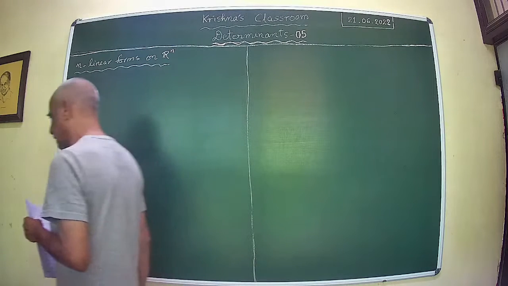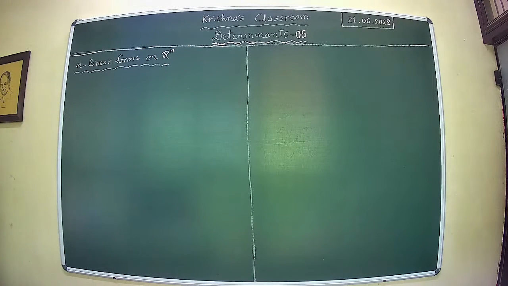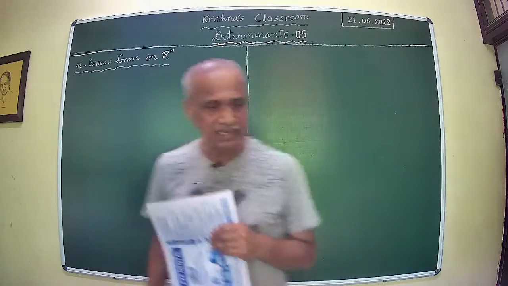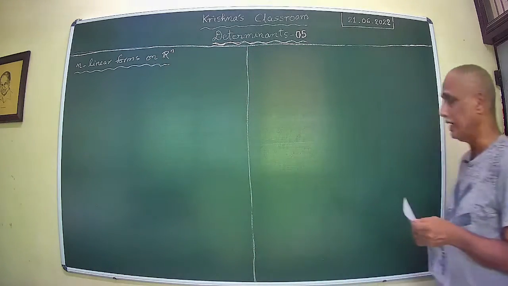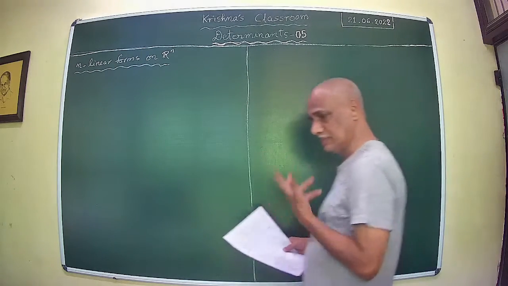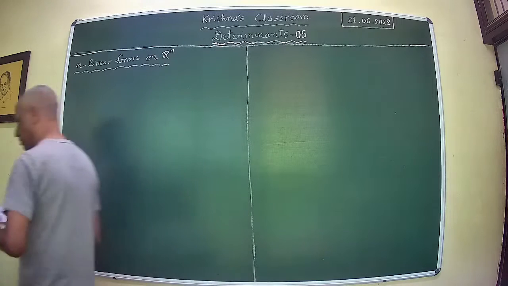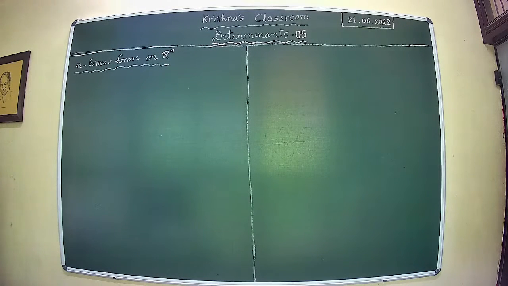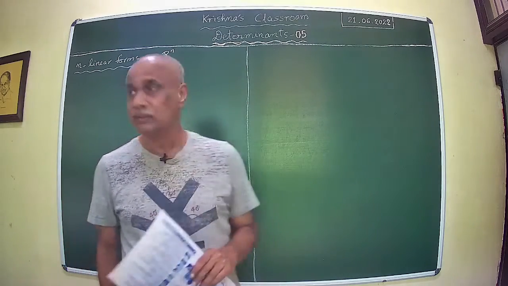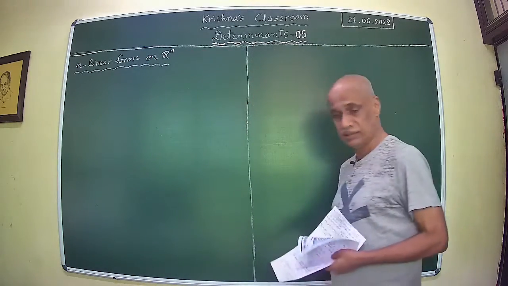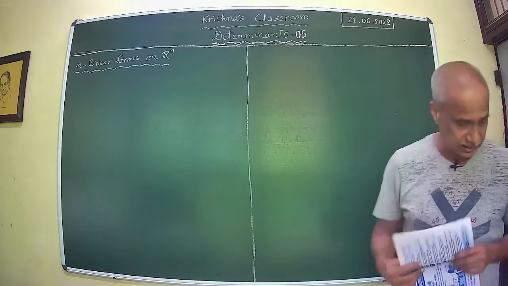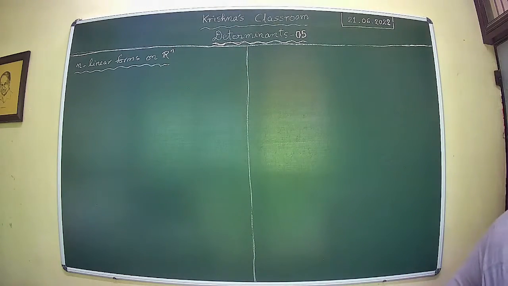In fact, we have seen that it is the bilinear forms in the case of n equal to 2 and trilinear forms in the case of n equal to 3 that were significant in getting out the meaning of the determinants. Now, let us explore the notation.